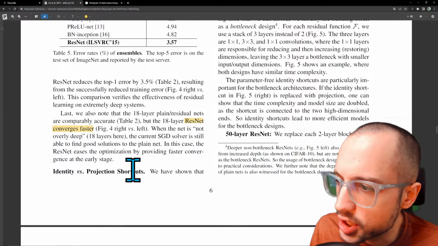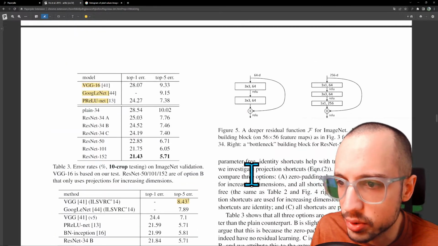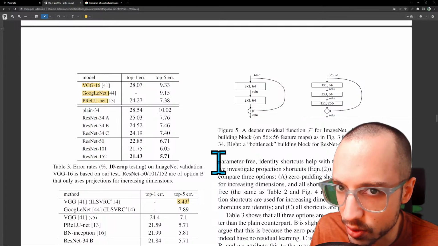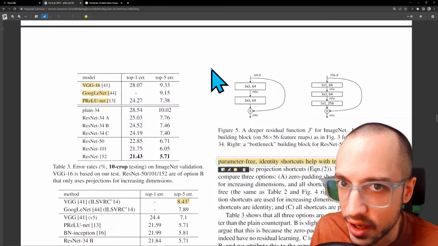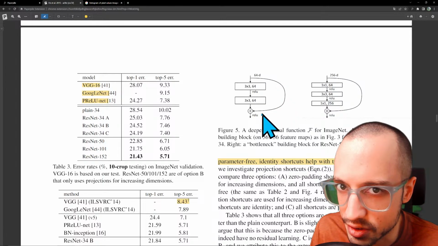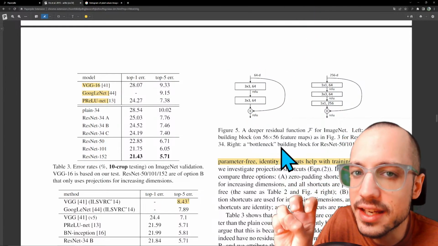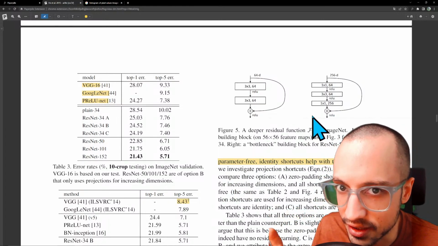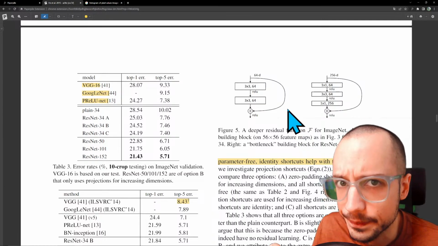Identity versus projection shortcuts. So we have shown that parameter-free identity shortcuts help with training. Parameter-free identity shortcuts here being just literally passing the input, or basically just taking what's here and then just adding it here. So you're not doing anything. You're performing an identity mapping, which is just an overly verbose way of saying you're not doing anything to it.